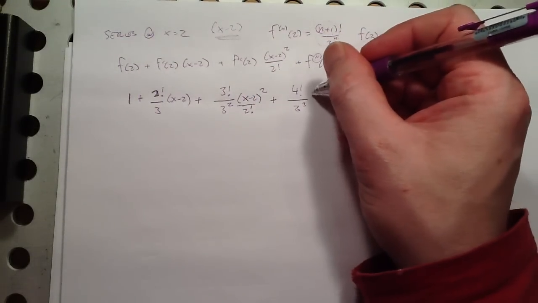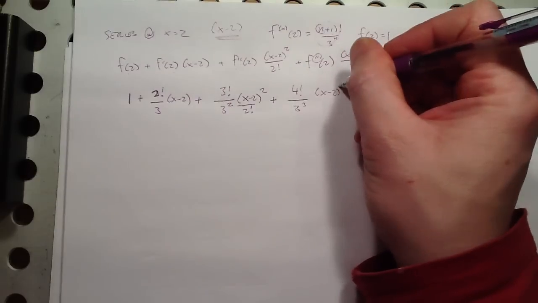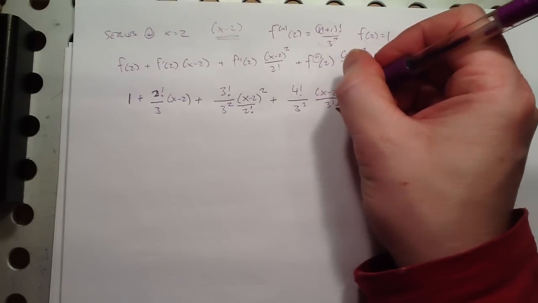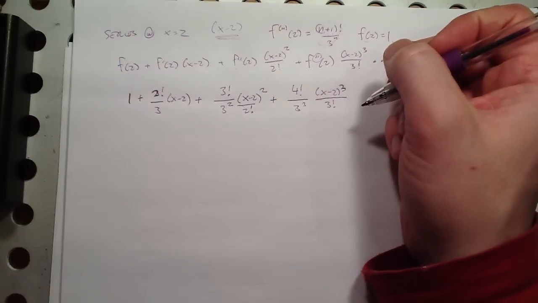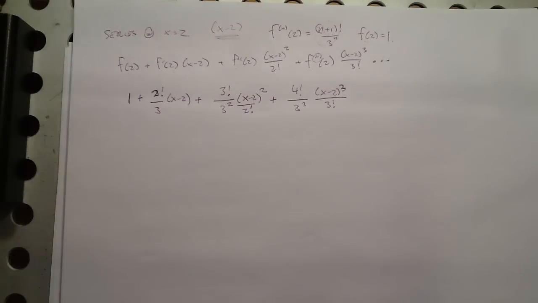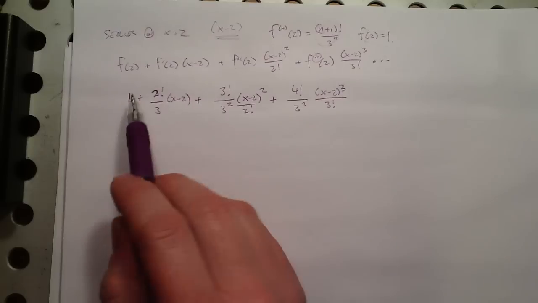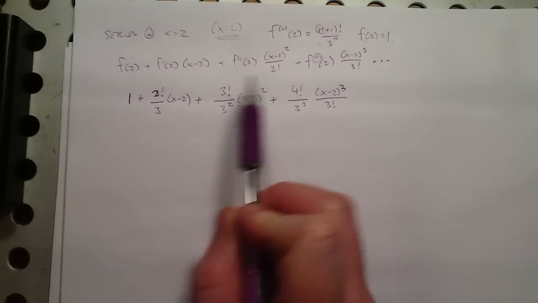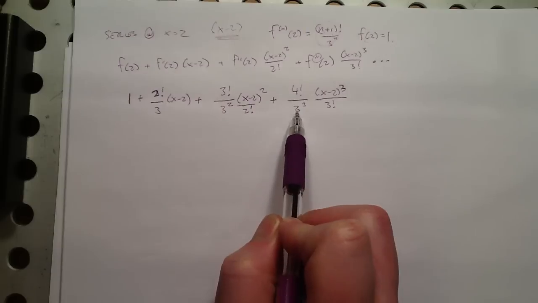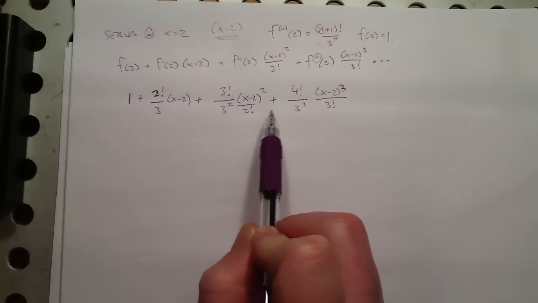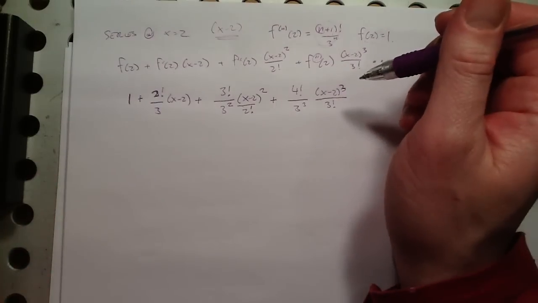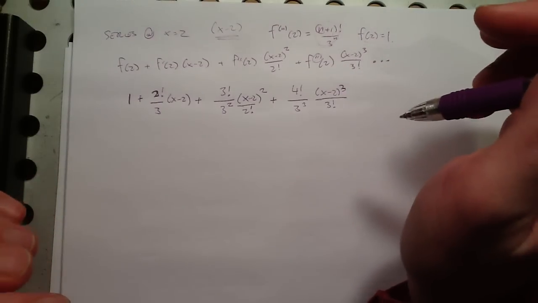And then here I've got x minus 2 cubed over 3 factorial. Yes, that looks good. Okay, there's the first 4 terms. So you can see what's happening here. Looks like our factorials are going up by 1 each time. The power of 3 is going up by 1 each time, and the factorial on the bottom is going up by 1 each time. Now, you don't have to simplify this, but in this particular case, it's going to be easier if we do.